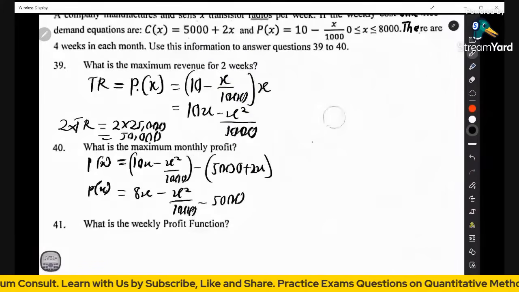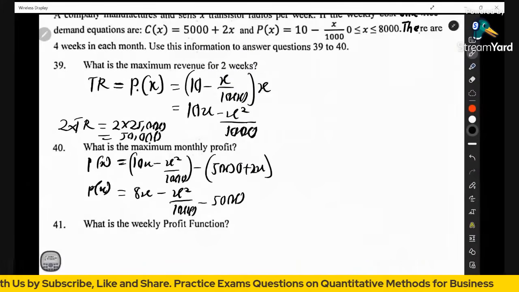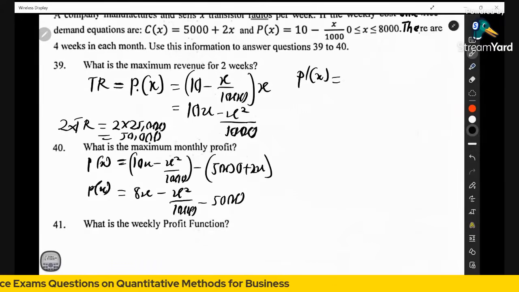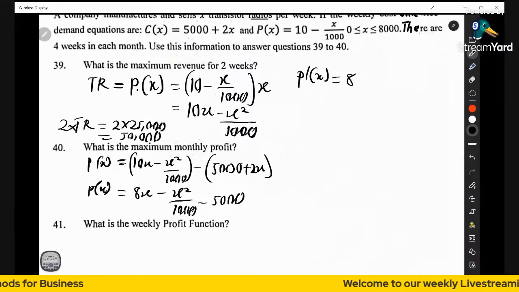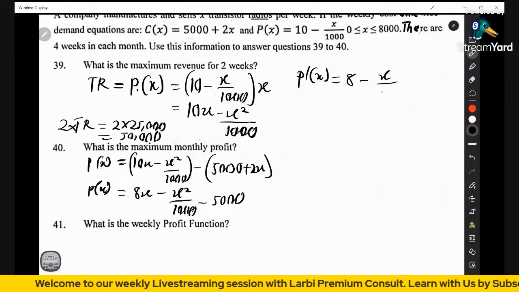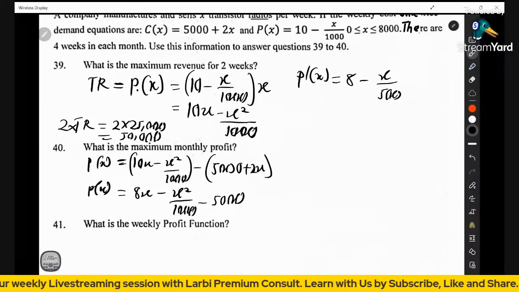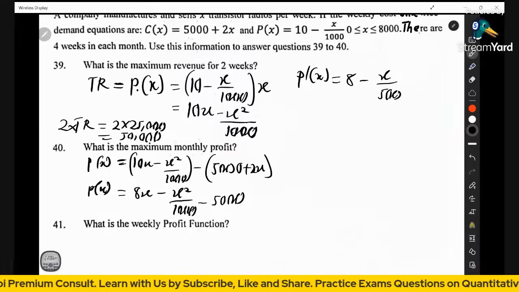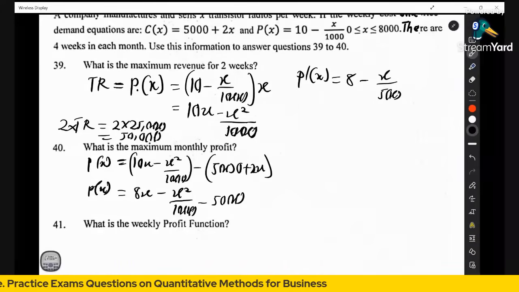So for me to find my maximum profit, I'll just have to differentiate the profit function. So P prime of x should be equal to the differential of 8x, which is 8. The differential of negative x squared over 1,000 will fetch me negative x over 500, because I can write it as 1 over 1,000, multiply 2 by 1 over 1,000 and subtract 1 from the power. The differential of 5,000 is 0.